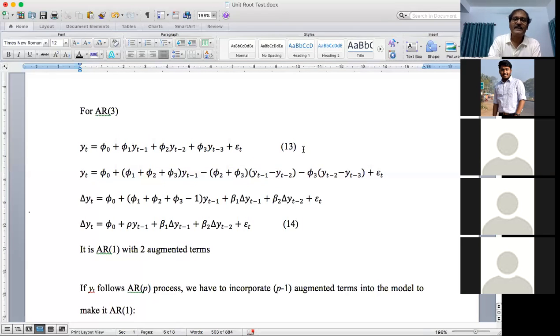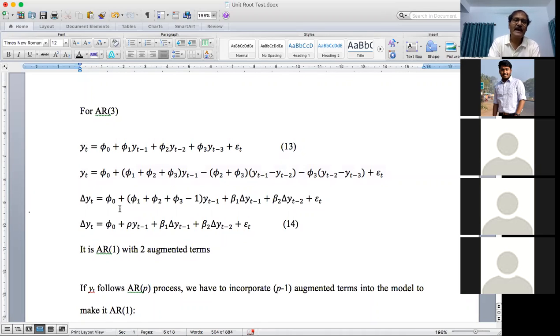So if you follow the detailed steps, you cannot get directly in this form. So first of all, change the third component in this form and accordingly adjust your equation. In the next step, change the second component into this difference form and adjust the necessary components again.